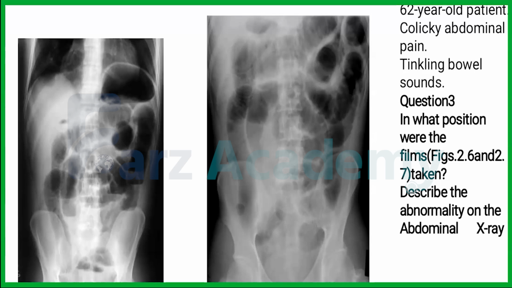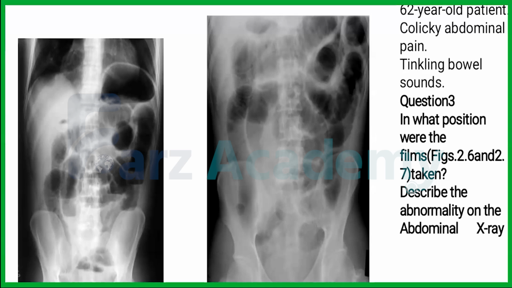And they might ask you, how do you differentiate SBO from paralytic ileus clinically or radiologically? It's a very important question because in paralytic ileus and small bowel obstruction the CT picture is similar. The differential points are pain, bowel sound, air fluid level, and transition point.